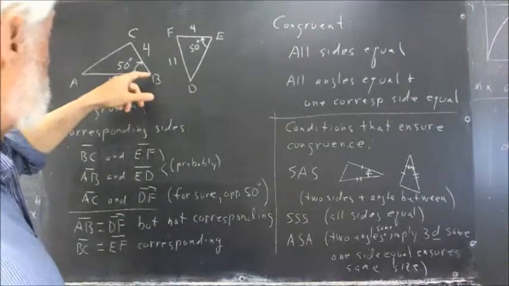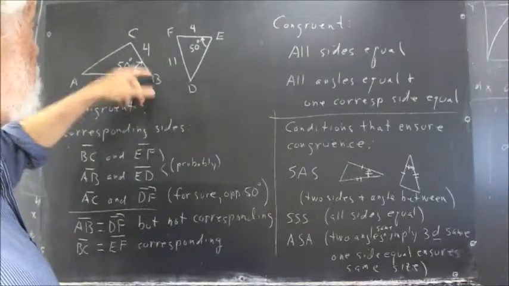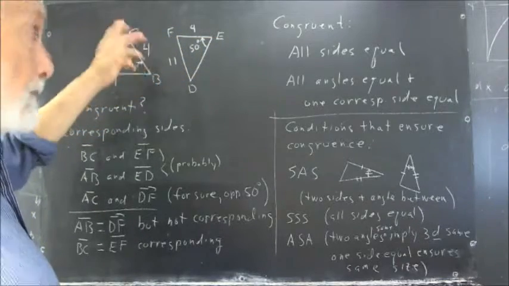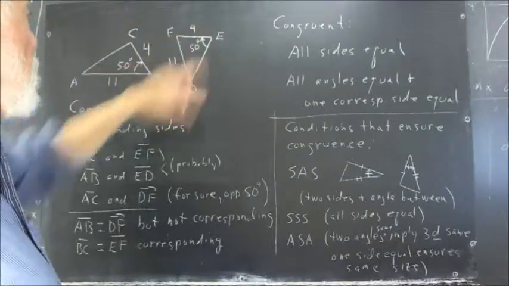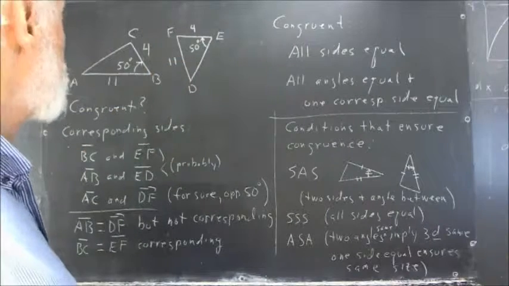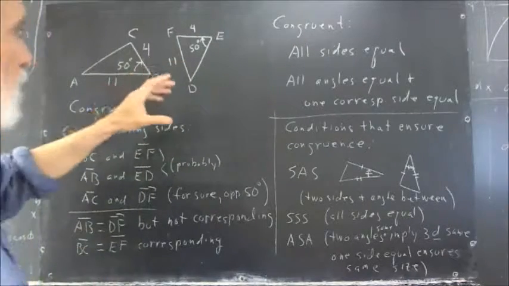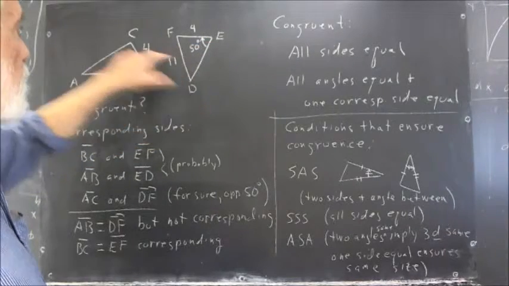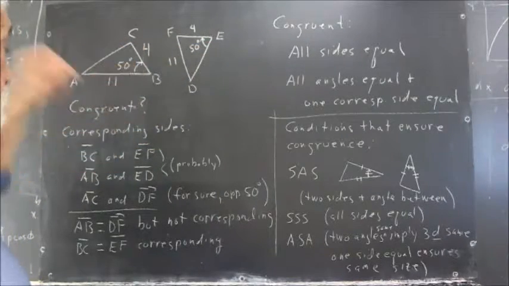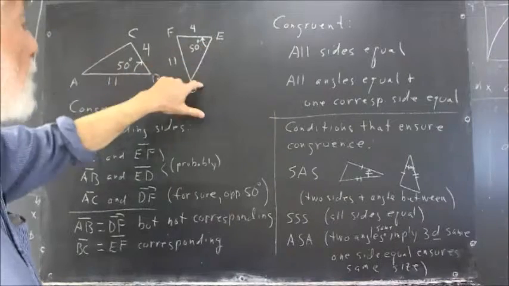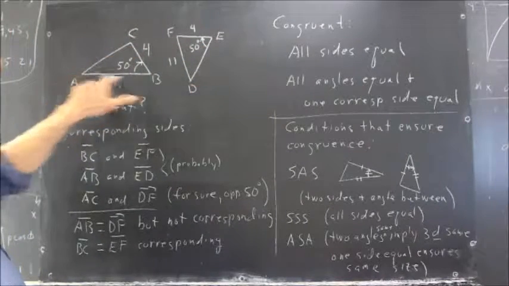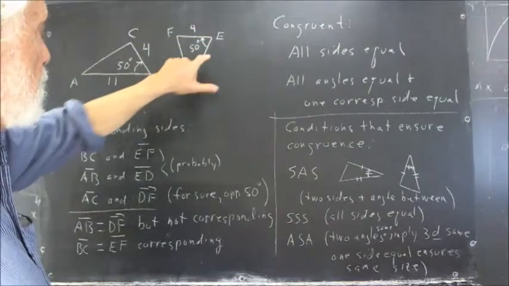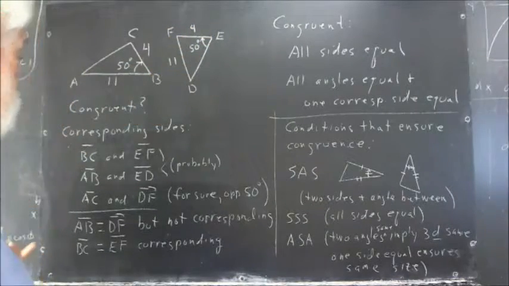Now, another pair of corresponding sides would have to be BC and EF. And they would be corresponding because they both have length 4. And if the triangles are congruent, this side couldn't correspond to the side of length 4, because this side, being the remaining side, would have to have a length equal to AB, and this length would then have to be 11.